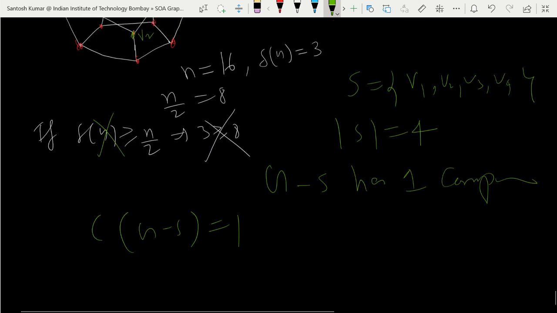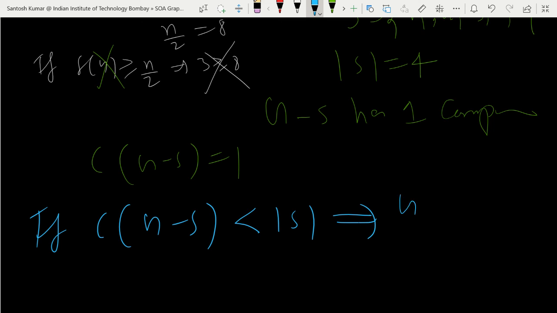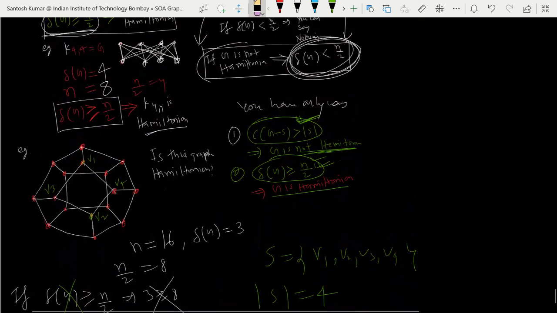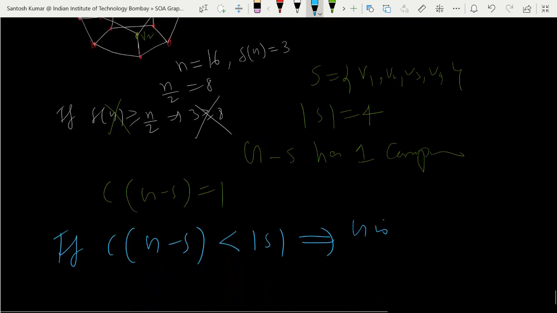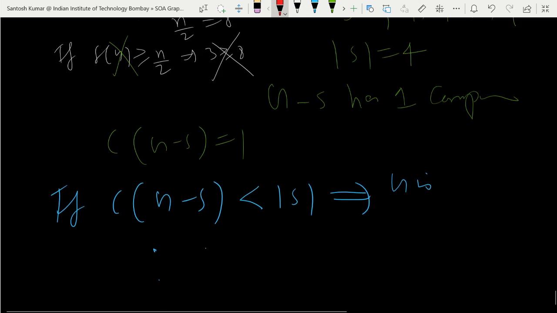And what is mod S? So we had that if C of G minus S is more than mod S, then you can surely say G is not Hamiltonian. That was the result. Look, what is the value of C of G minus S? 1.